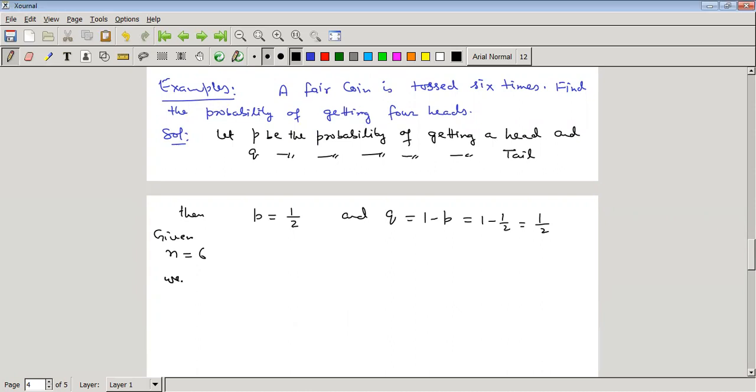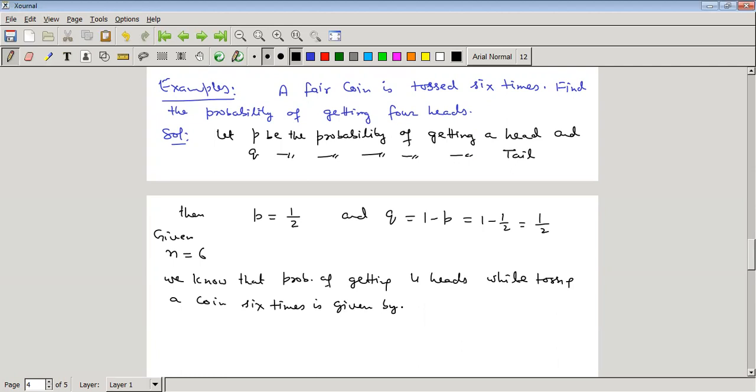We know that the probability of getting 4 heads while tossing the coin 6 times is given by probability of x equal to 4, because the number of trials n is finite, right?